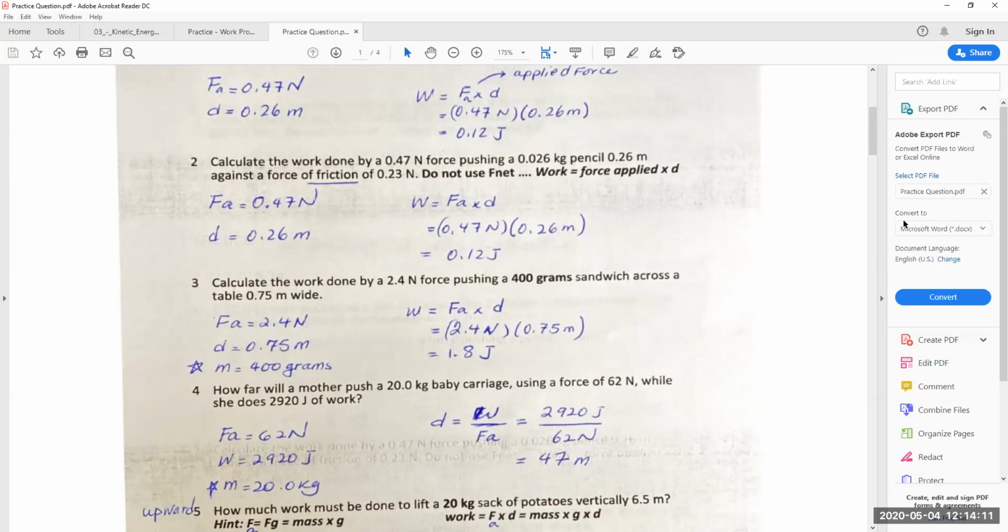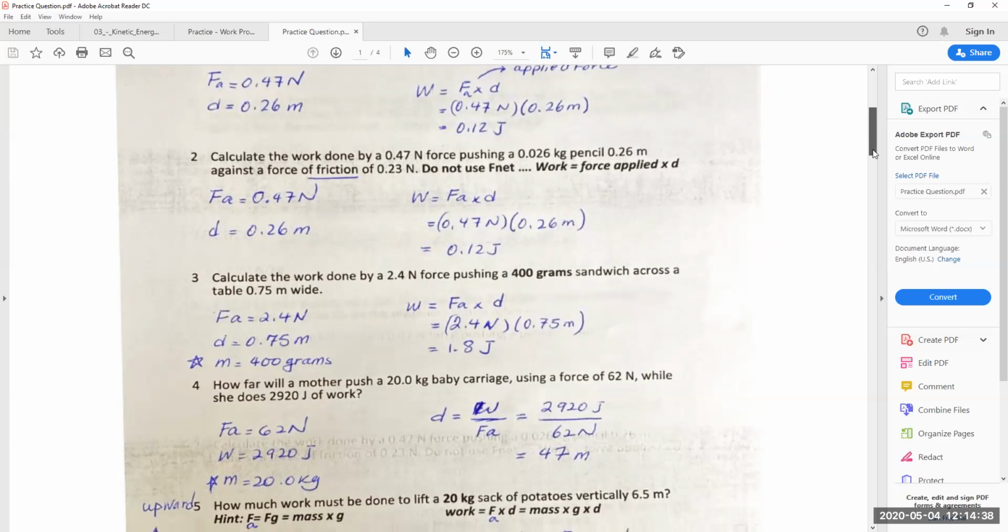Only when you're lifting something up do you have to calculate it, because then the direction of your applied force is not perpendicular to the direction of movement. They're in the same direction. So for the work done by you over there, you have to consider the mass by calculating the force of gravity. But in this situation, this 400 grams is completely useless.